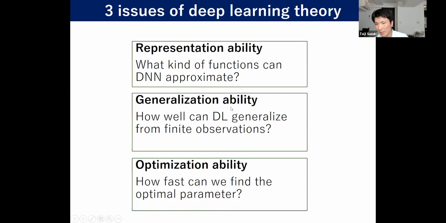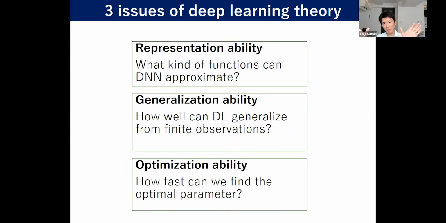The second one is the generalization ability. In practice, we need to estimate such an input-output relation by using a finite number of data points. Even though the neural network can approximate any function, we need to estimate that by using a finite number of data points.